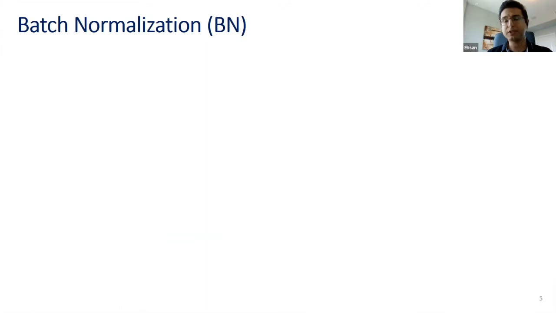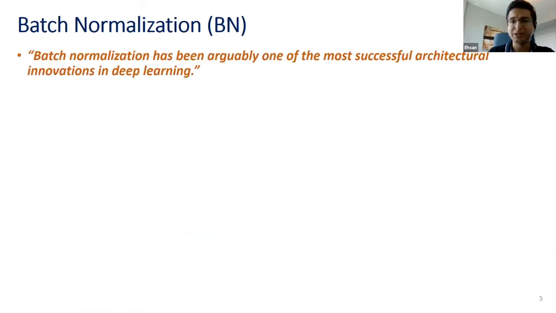But what is batch normalization? Batch normalization has been arguably one of the most successful architectural innovations in deep learning. From my own experience, I can say most of the optimization methods, or most of the innovations that we have had in deep learning, are valid in some special cases or some specific problems, and we cannot really generalize them to most problems.